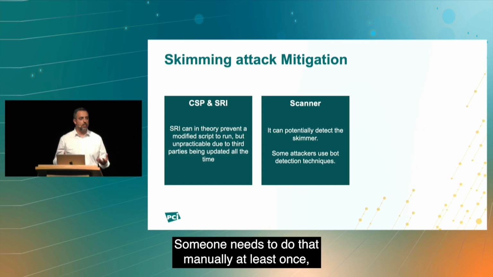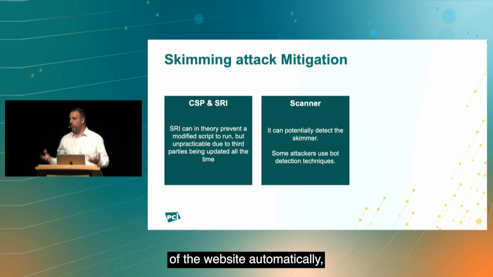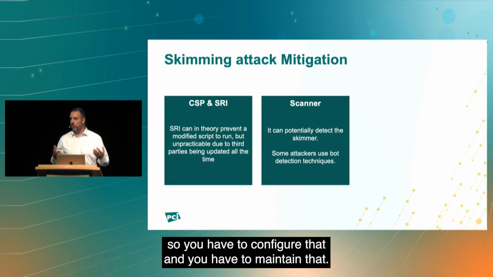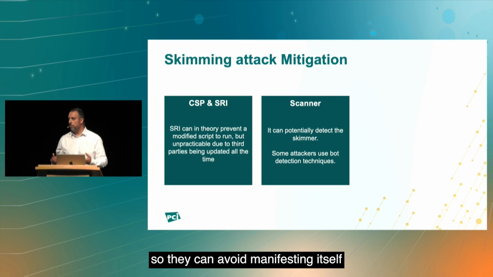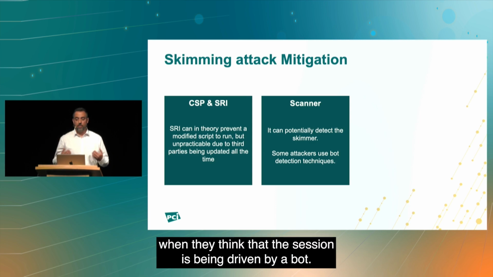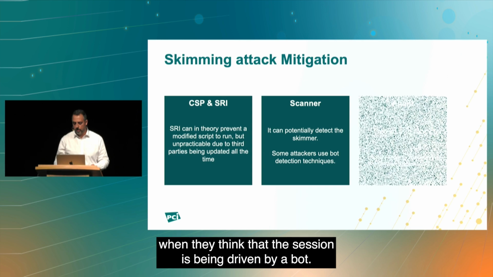Someone needs to do that manually at least once. And they do not reach every corner of the website automatically. So you have to configure that, and you have to maintain that. And also, some skimmers are known to use bot detection, so they can avoid manifesting themselves when they think that the session is being driven by a bot.